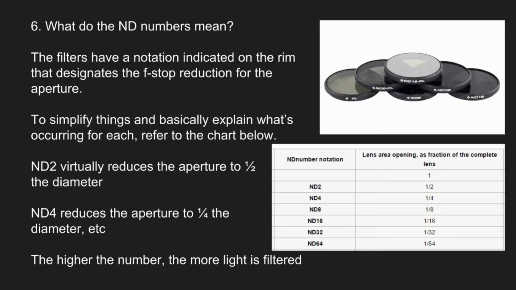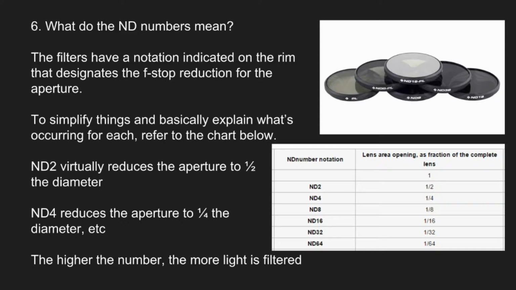So, as I've said, I don't want to get technical in here, but in essence, what these values mean are, for example, the ND2 filter basically is cutting the diameter of the aperture in half. So it is cutting the amount of light that is coming in half. The ND4 cuts it by a quarter, ND8 by an eighth, and you see how this pattern works itself up.